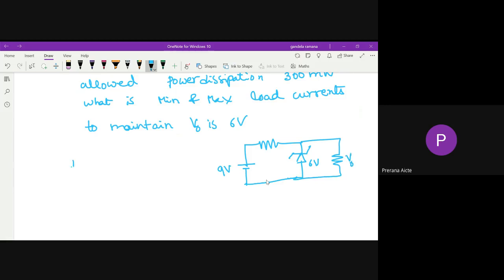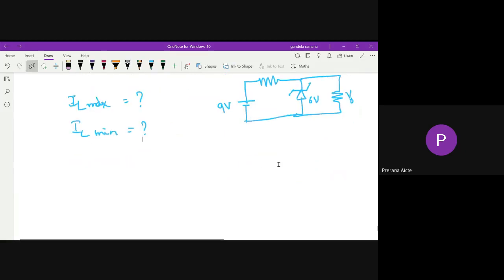So what we want to find out? IL maximum, IL minimum. How much are IL maximum and IL minimum? When we apply KVL, what is the current formula? I is equal to Vin minus Vz by Rs.